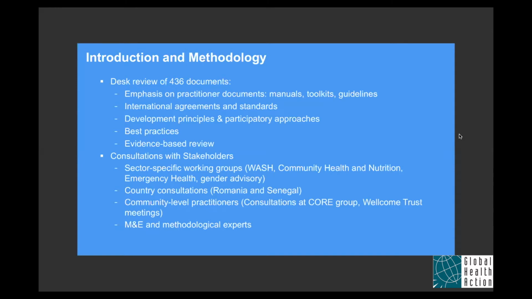So we leveraged all of our expertise, linking with the countries that we were working in during the consultation. There were two levels. There was the level of looking at the literature and the documentation from different partners, the processes, the manuals, all of the literature, to have the evidence base, and then the actual consultations with stakeholders.